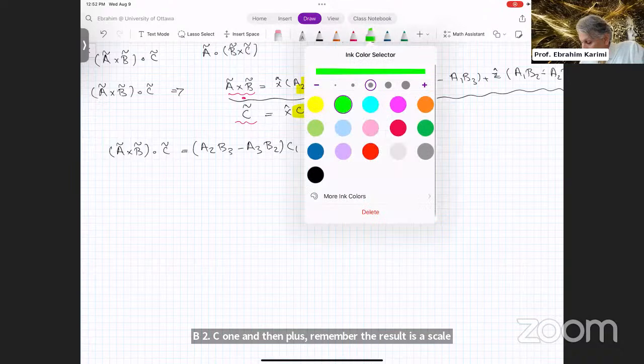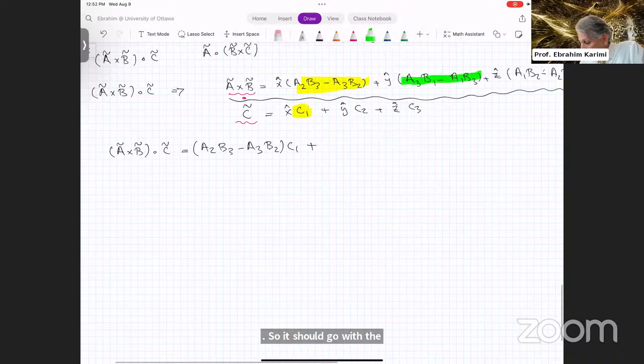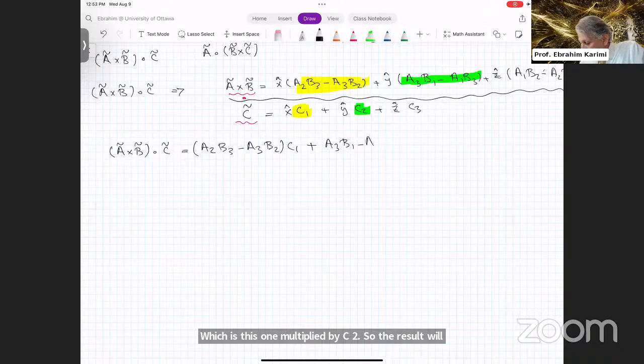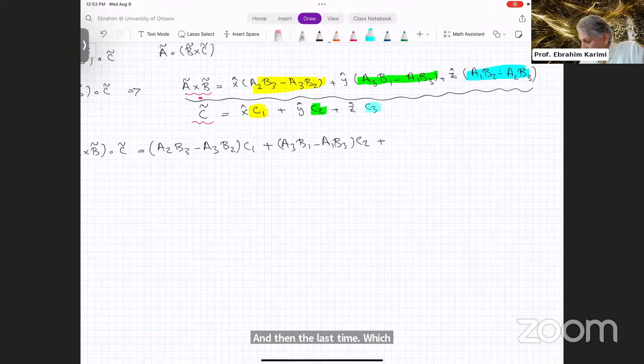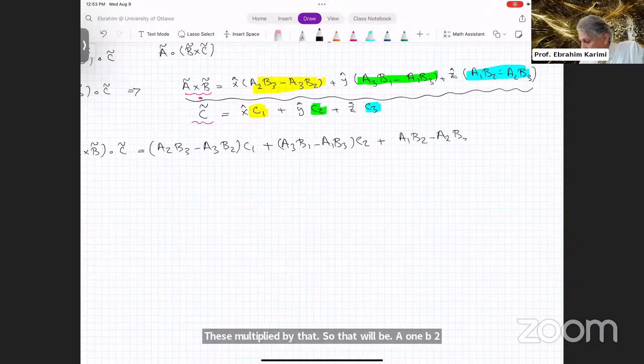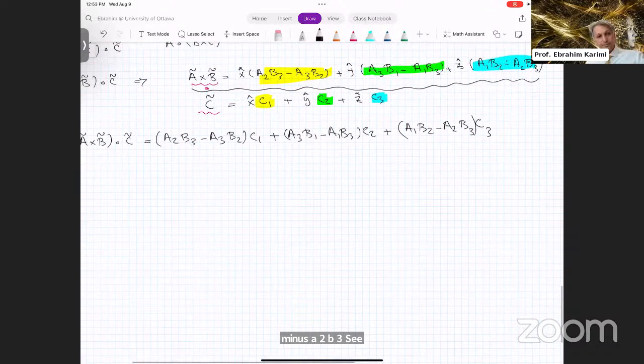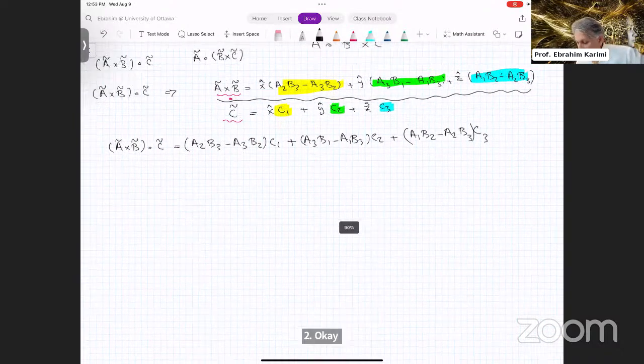Then the second term, which is this one multiplied by C2, so A3 B1 minus A1 B3 multiplied by C2. And then the last term, this multiplied by that, so that will be A1 B2 minus A2 B3 times C3. Okay, so that's the result that I have.